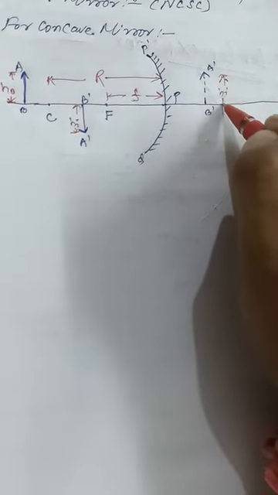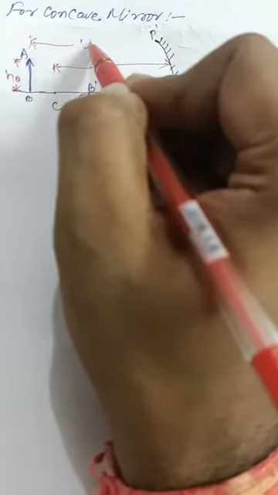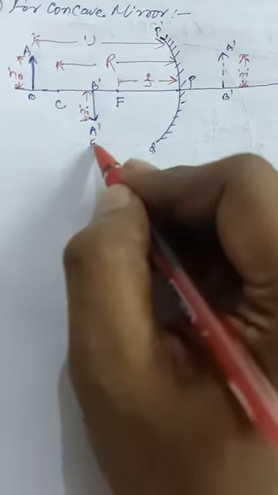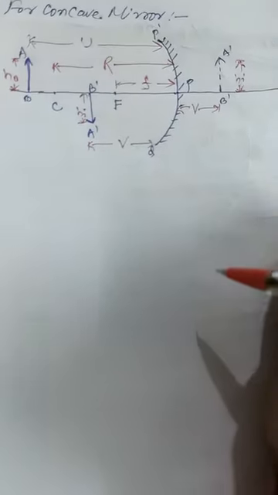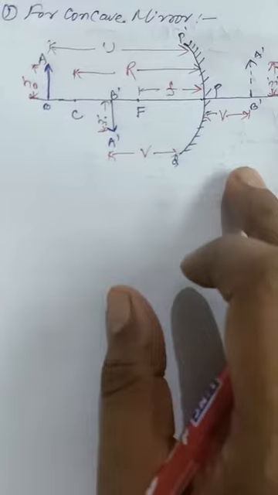The image height or size is HI. Now the distance of the object from the pole is U, the object distance, and this one is V, the image distance.